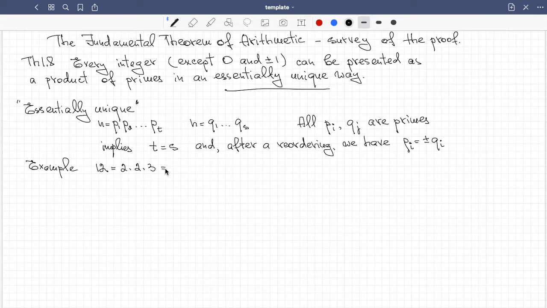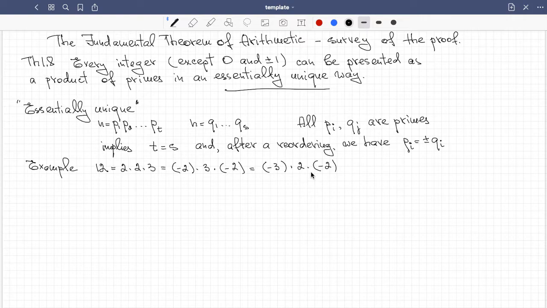At the same time, this is the same thing as negative 2 times 3 times negative 2, or the same thing as negative 3 times 2 times negative 2. So the amount of factors is the same, they are somehow rearranged, and we can throw in negative signs.